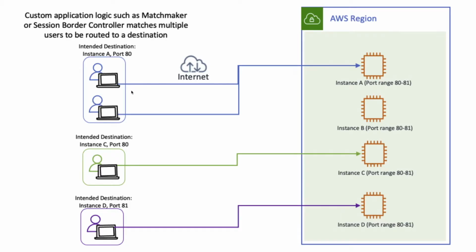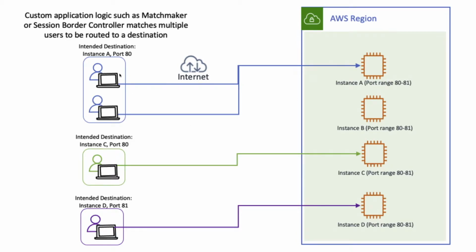So till now, users who want to assign multiple users to a particular server develop their application in such a way, or write custom code in their application, where they route multiple users to the same instance on a particular port. So they have to do a lot of development at their end to do all this mapping.